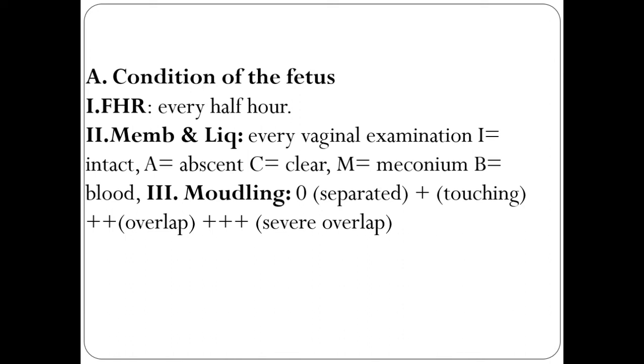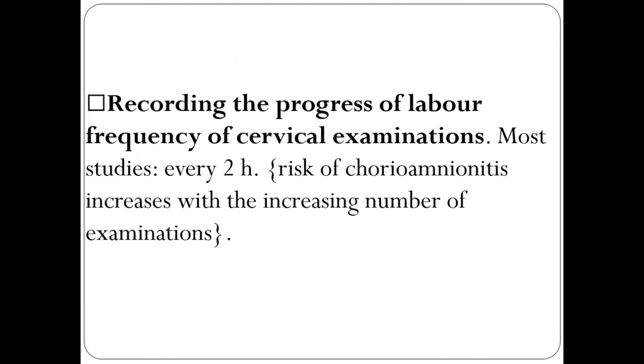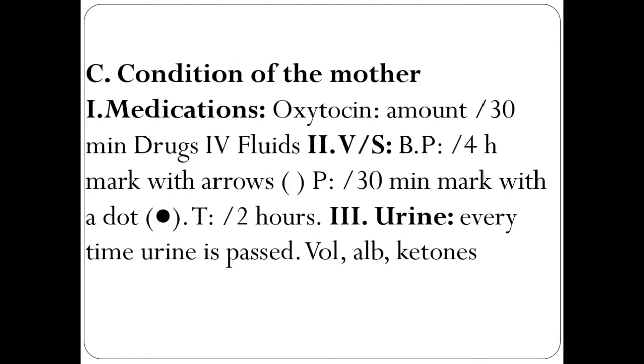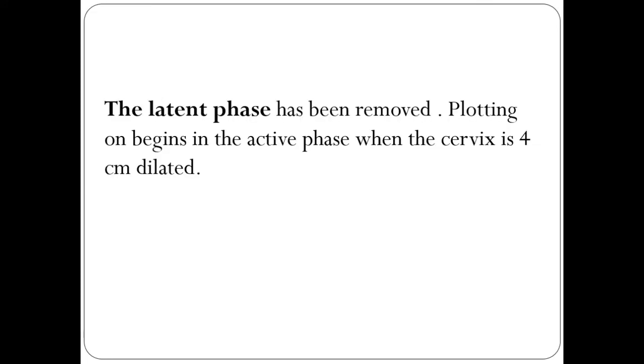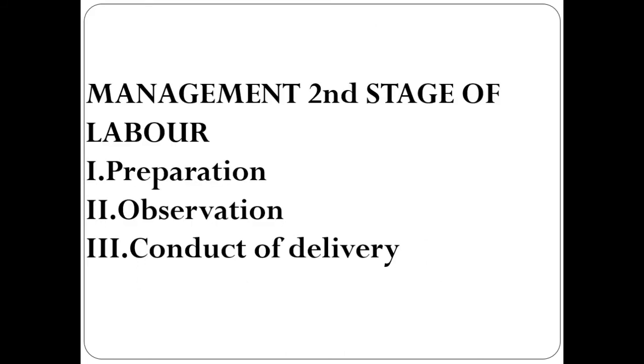As we said before, the condition of the fetal heart rate, membranes, and molding shall be presented as seen in the slide. And here is the difference between the alert line and action line; in the area between the alert line and action line we have to do active management of labor.